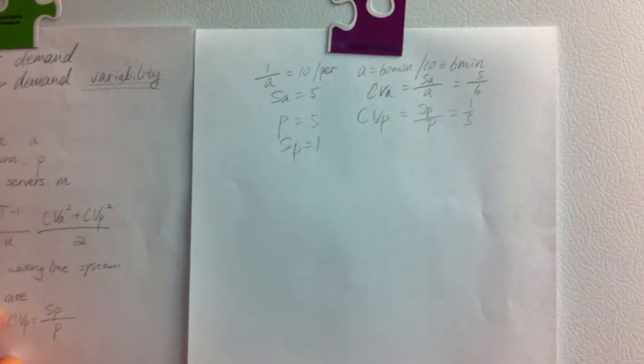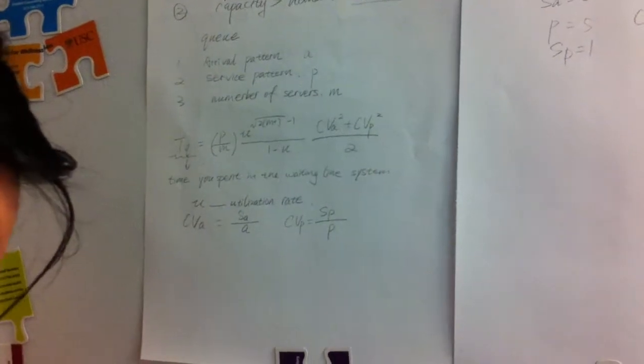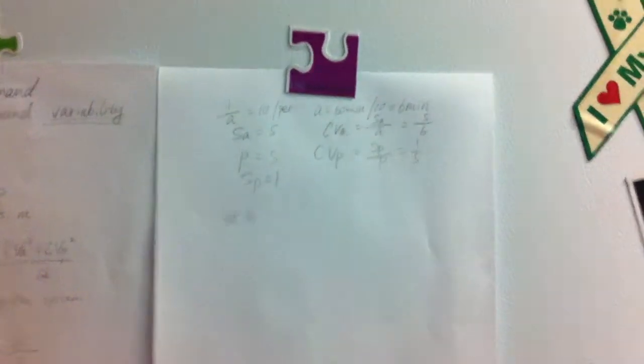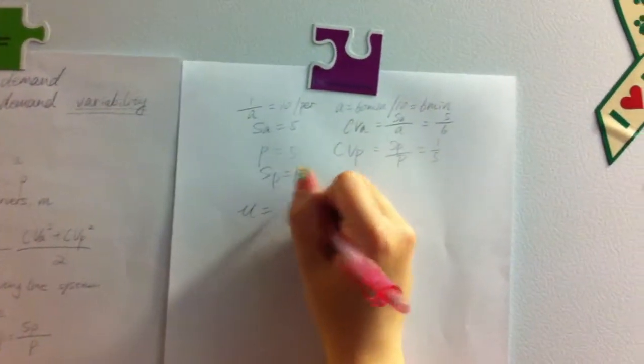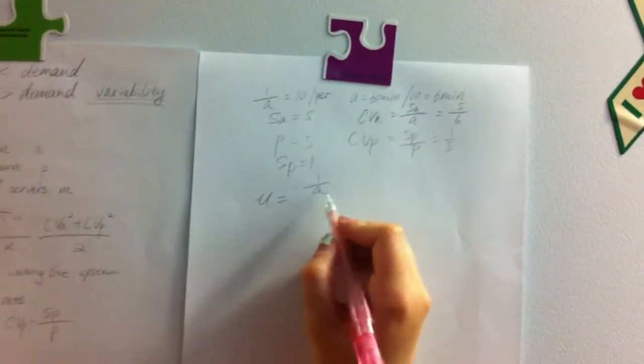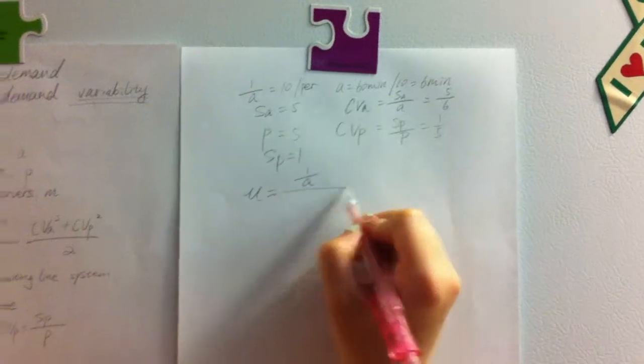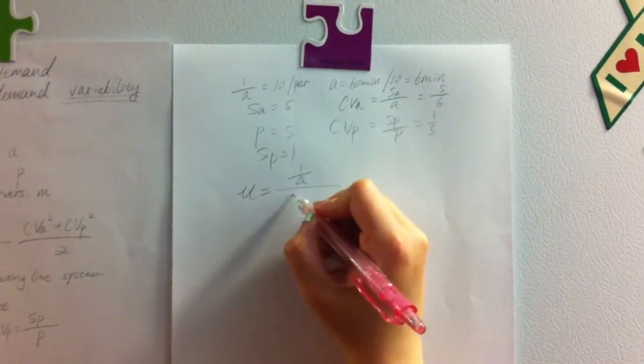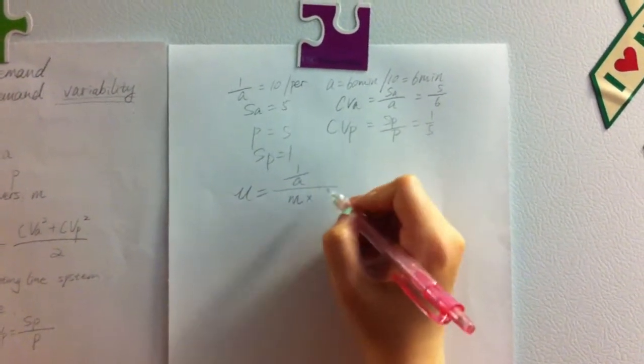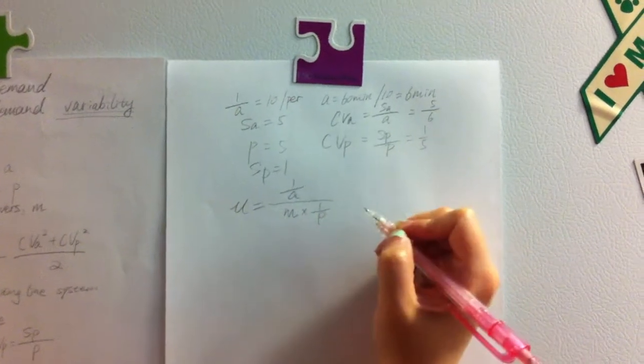I'm going to introduce the equation for utilization rate. This is basically U equals inter-arrival rate divided by number of servers times the service rate.